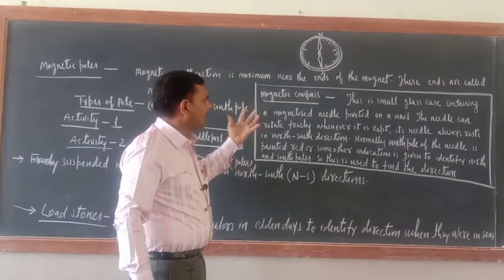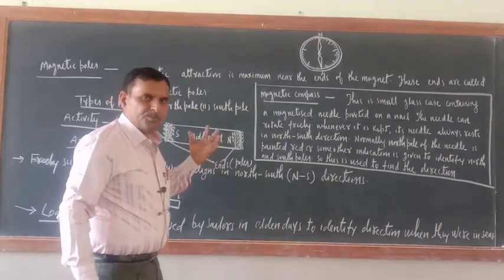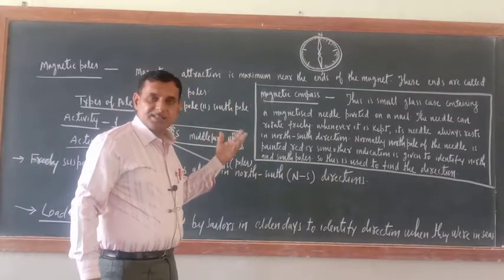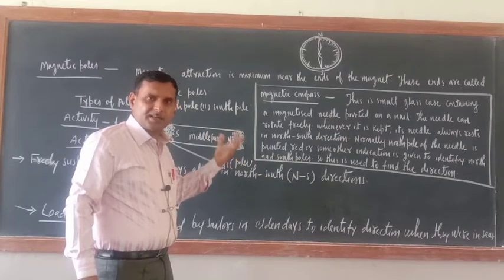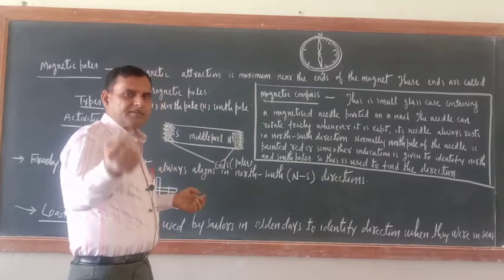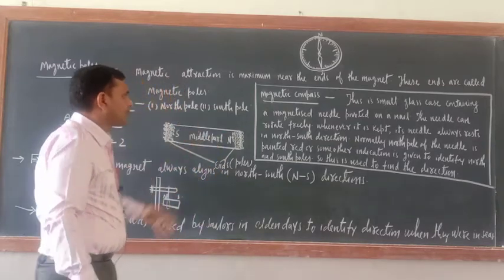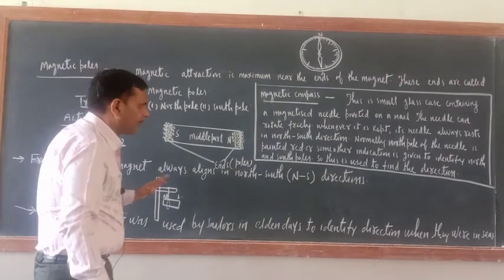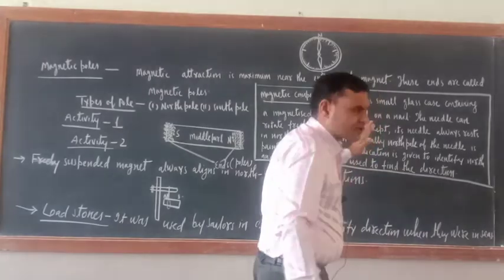These magnetic compasses are very useful, especially for sailors when they are in the seas or in other places where it is difficult to find the direction. They are small devices that can be kept in the pocket, and very easily we can find out the directions. So in this way the magnetic compass is also over.